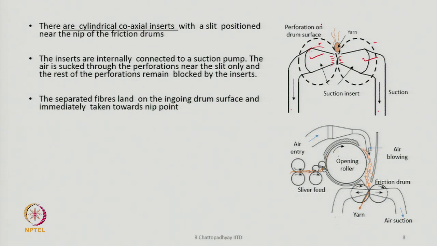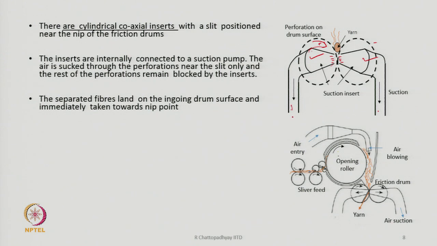So, we allow the fibers to land on the surface. The drums are basically perforated, but internally most of the perforations are blocked by some suction inserts, and we draw the air only from the nip area. Rest of the air cannot really enter.